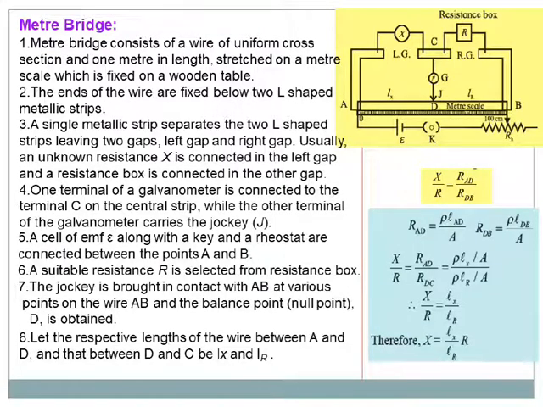Between A and B, the wire is there, which is uniform, and it is of 1 meter. It should be soldered between the points A and B, and it should be uniform, so that we will get the exact reading. So between A and B, there are three strips. These three plates are conducting. They behave like a conductor.